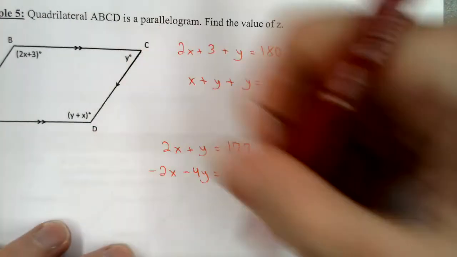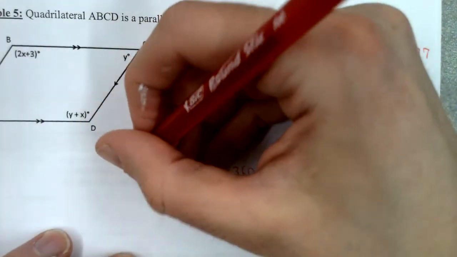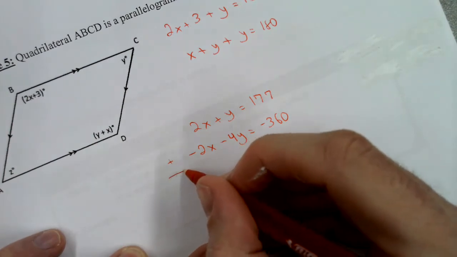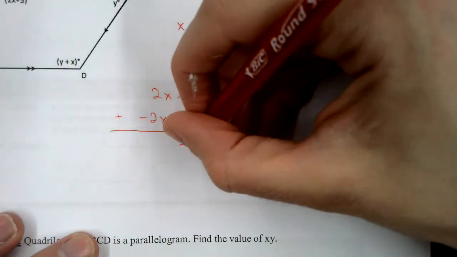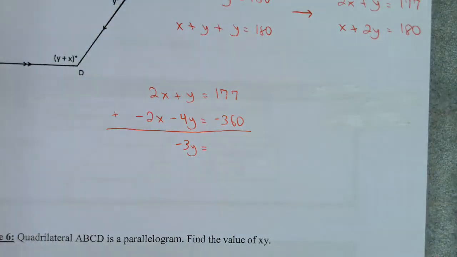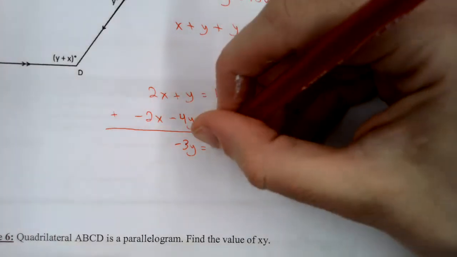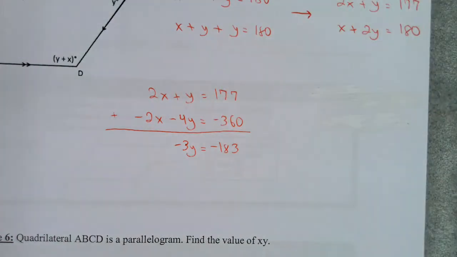That way, when I add these together right now, the x's get eliminated, and I'm left with -3y equals 177 minus 360, which is -183. And that gives me y equals 61.